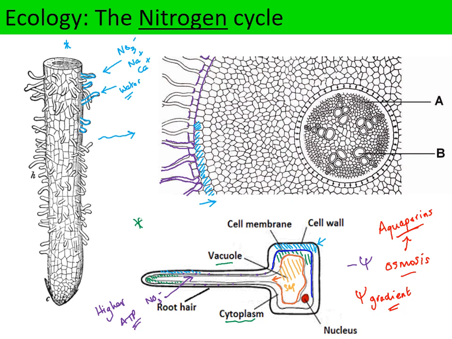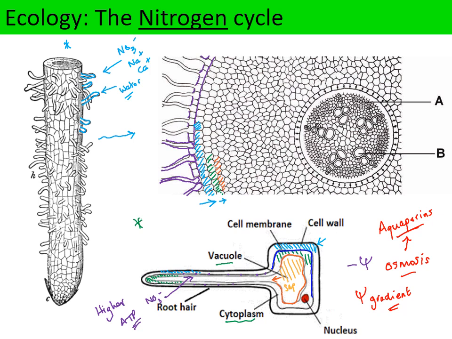Now, as water enters these cortex cells, the water potential goes above the more negative water potential in the next row of cortex cells. So again, water is going to move down a water potential gradient into the adjacent cortex cells. And as water moves into these cortex cells, again, it increases the water potential above the more negative water potential in the next cortex cells.